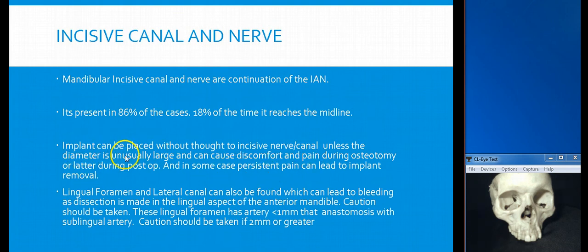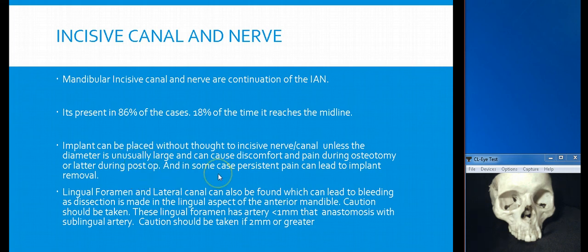All right. So like I said, the implant can be placed without worrying about the incisive canal. And when you're making your osteotomy, unless the diameter is really large, it can cause some discomfort, but that's unusual. It's unusual to find a diameter that big.